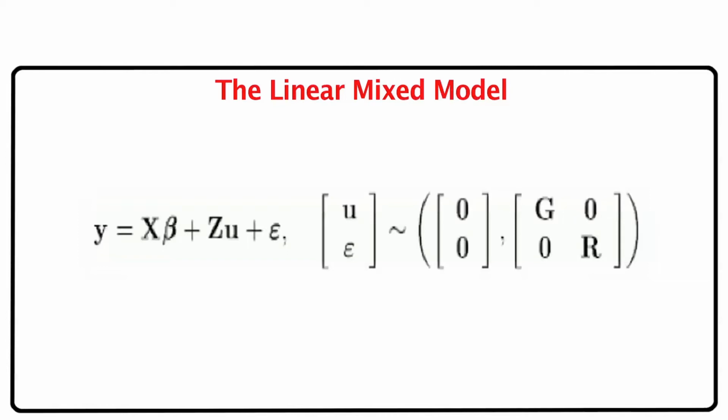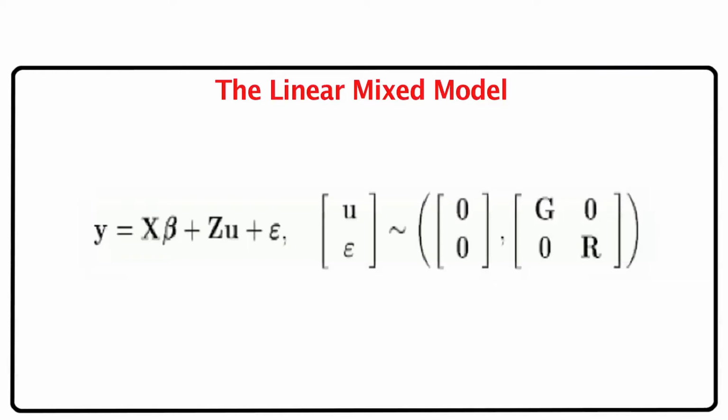It is not strictly necessary, because even if epsilon is not normal, the inferences follow from the least squares. In any case, here I have introduced an additional component of the design matrix. So the linear mixed model is written as y equal to X beta plus epsilon plus an extra component which is Zu.